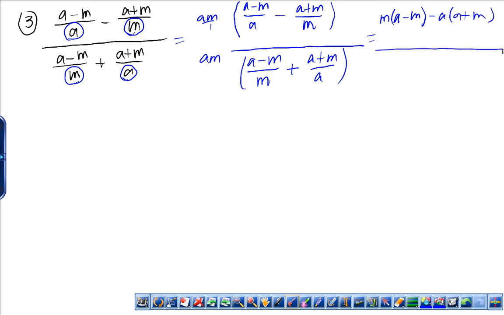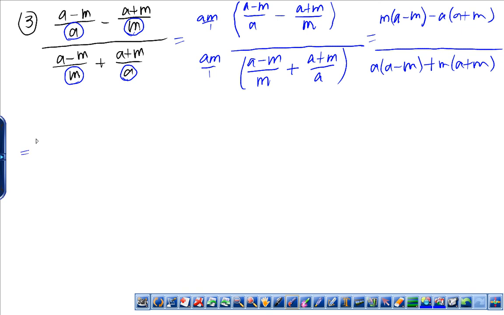All over, same thing on the bottom. This is like over 1. Your m's cancel out, leaving you with an a and a minus m, plus your a's cancel out, leaving you with an m and a plus m. So this is so much easier already. Let's come to my next step.